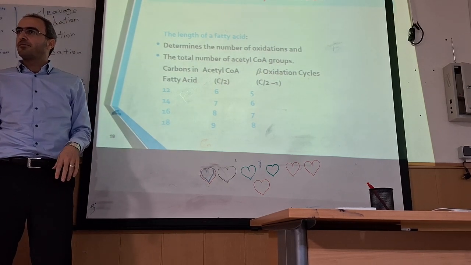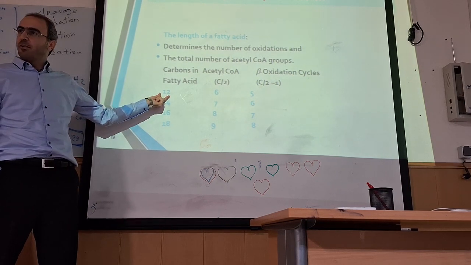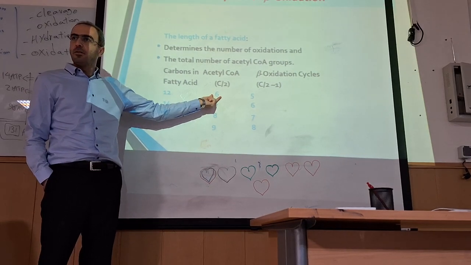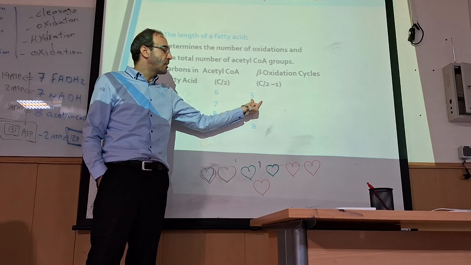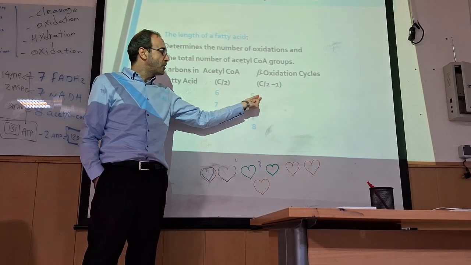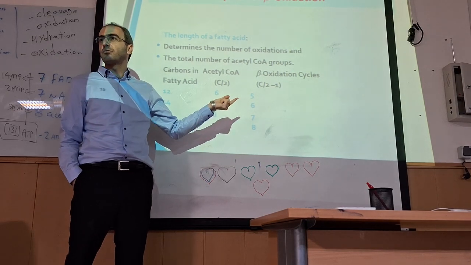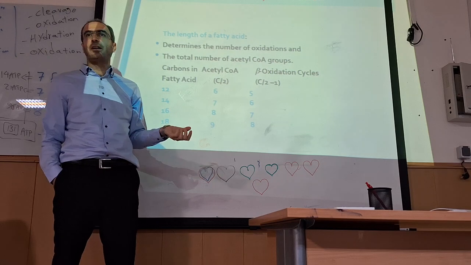Unsaturated needs more energy than saturated. For 12 carbon, which is lauric acid, the number of acetyl-CoA is 6 and the number of beta oxidation cycles is 5. Multiply the 5 cycles by 5, and the 6 acetyl-CoA by 12, then minus 2. You can calculate for all kinds of saturated fatty acid.